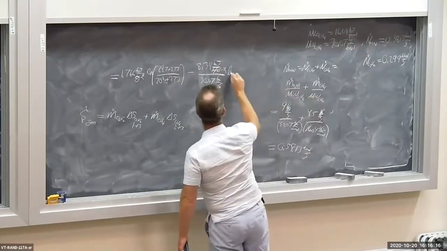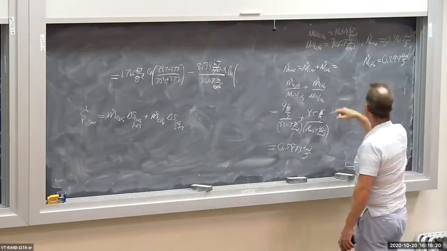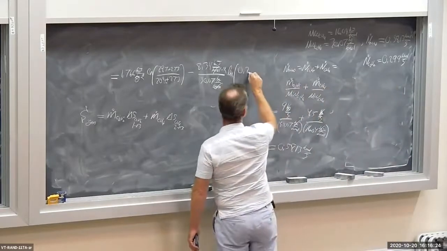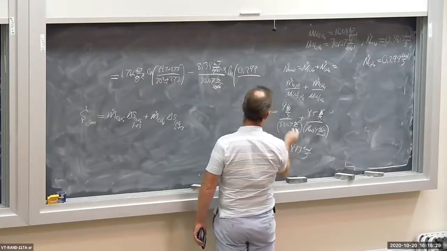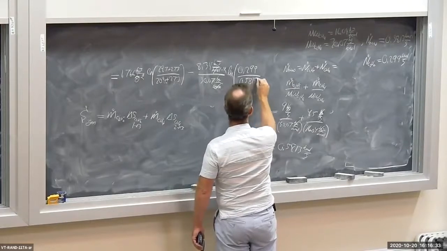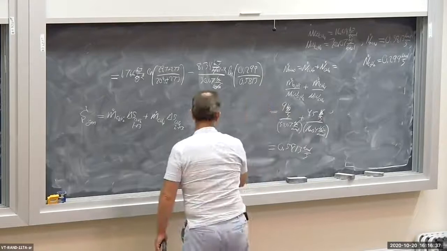And then I have the natural log of N dot for the ethane, 0.299 over N dot for the mixture, 0.5813 kilomoles per second.